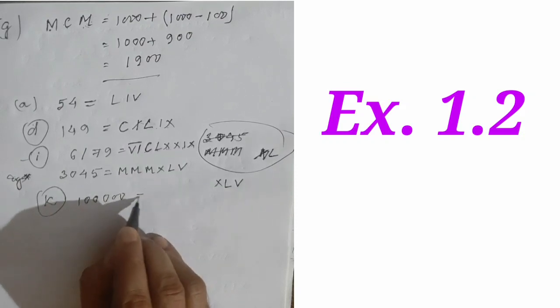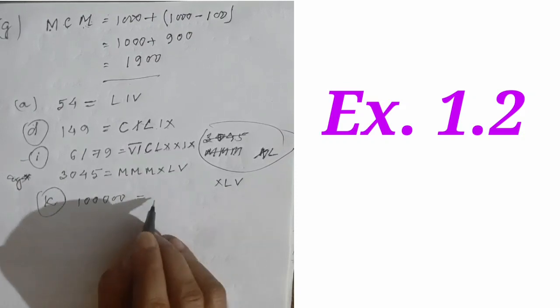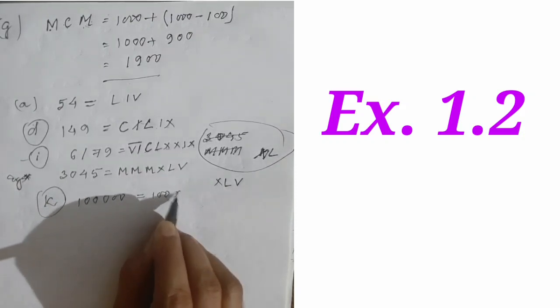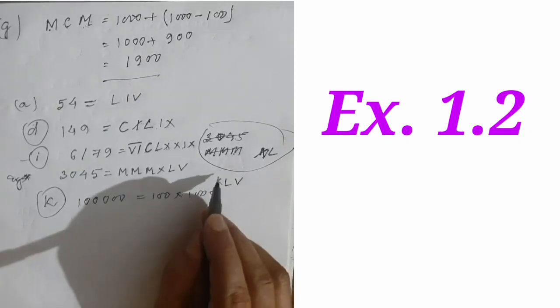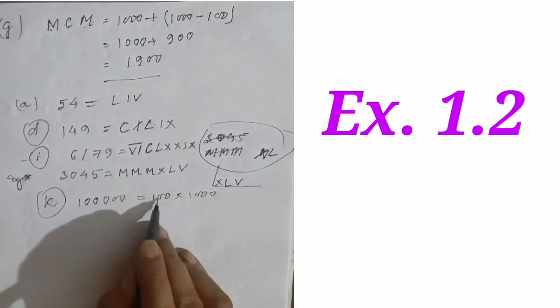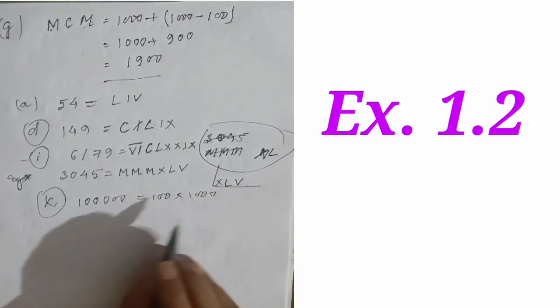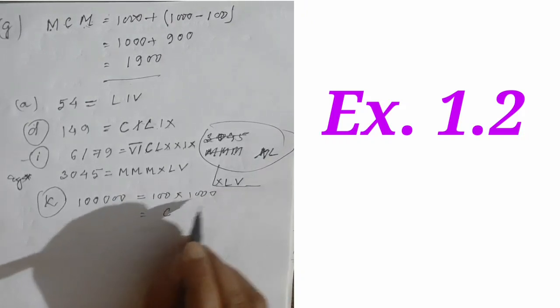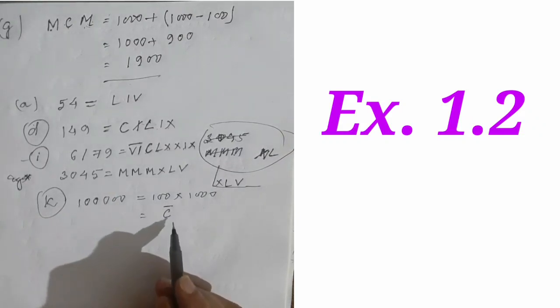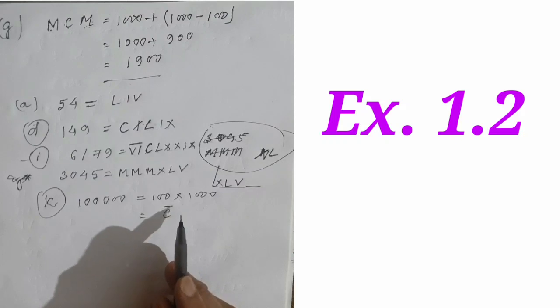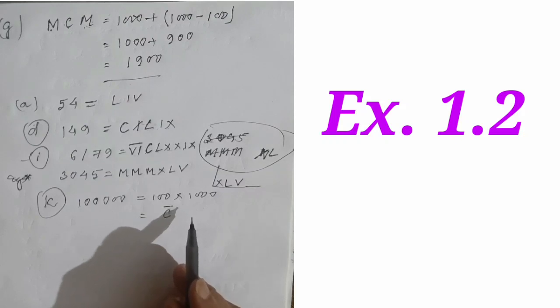We have 100,000. How many? 100 into 1000. Just to make you understand, I break it in two, that is 100 into 1000. Then 100 we have as C and 1000 is a bar. So 1 lakh we can write as C with a bar. Very interesting, yes.